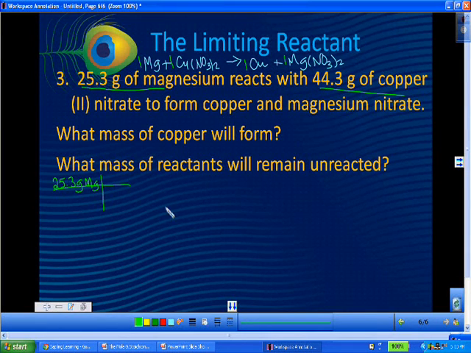We have to use molar mass straight from the periodic table. Magnesium has a molar mass of 24.305 grams per mole. So this gives us 1.04 moles of magnesium are available.